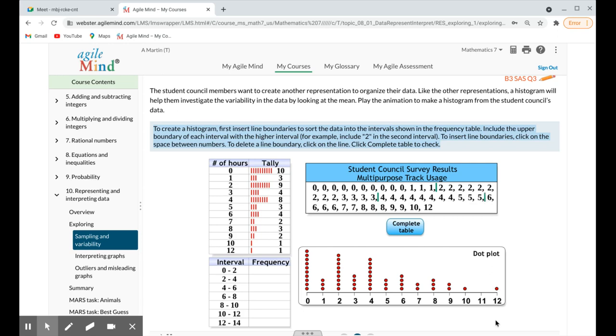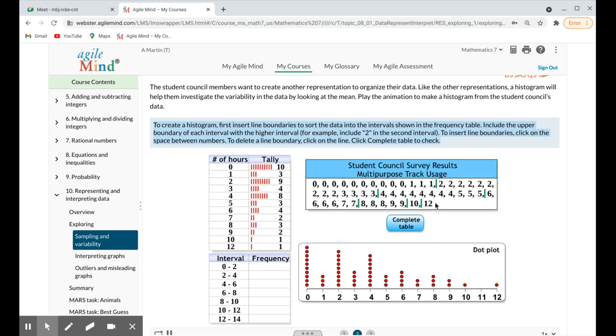Right between 5 and 6. Good. So where would the next one be? 6 to 8. Correct. Where's that going to be at, Devin? Right after the last 7. Perfect. What's the next one going to be, class? 8 to 10. Good. And then from 10 to 12. Perfect. And then from 12 to 14.